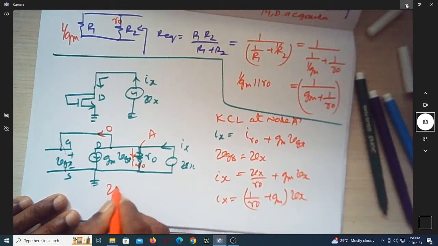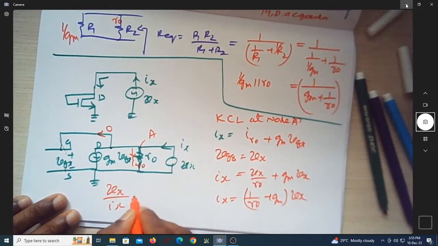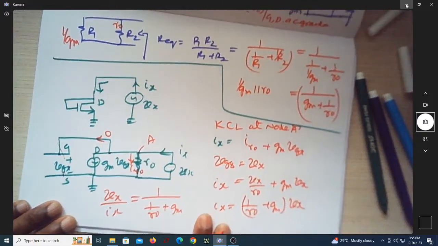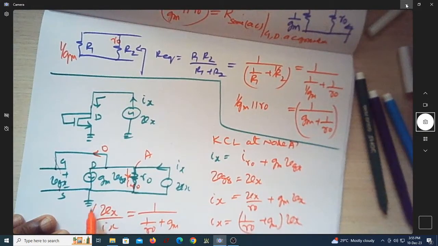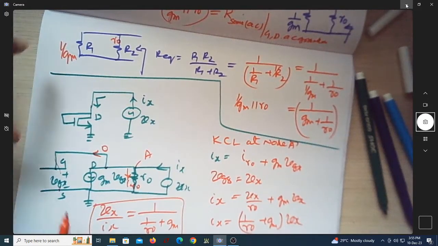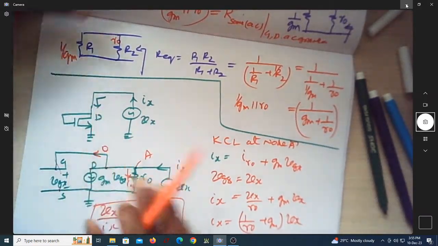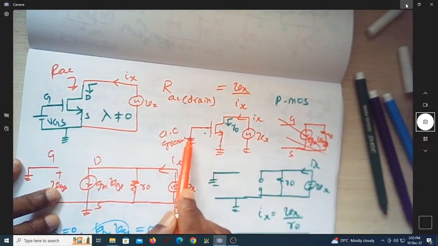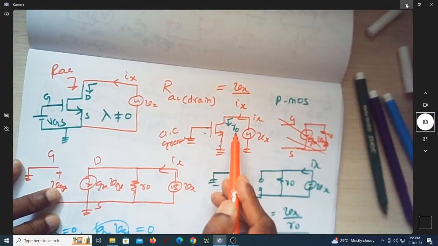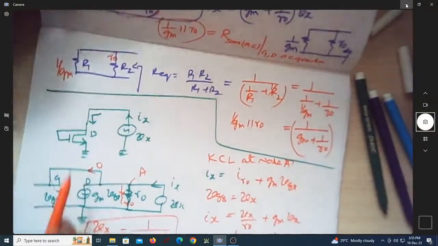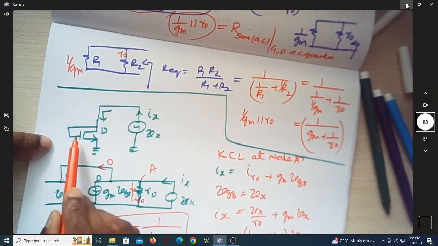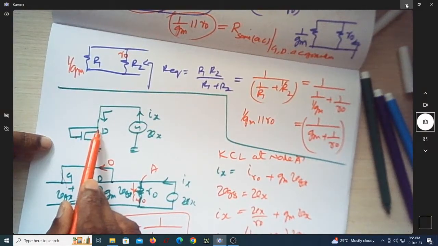So what is Vx by Ix? Is it not 1 over (1 over r0 plus gm)? Now when you are looking into the drain with gate and source AC grounded, the resistance was r0. Now you are again looking into the drain with source AC grounded, but the gate is connected to drain.